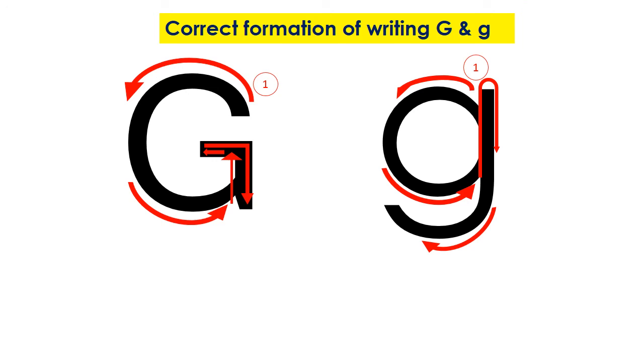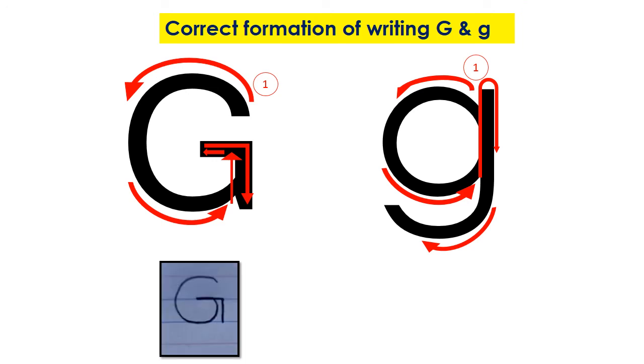Look at this very carefully. By looking at these red arrows, you can see how to write capital G and simple G in the correct formation. Okay.